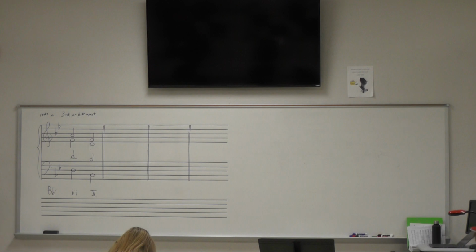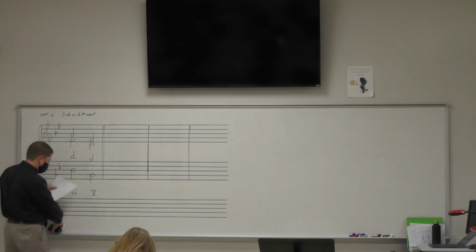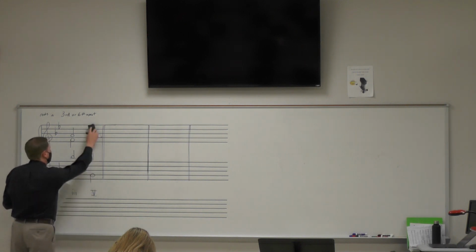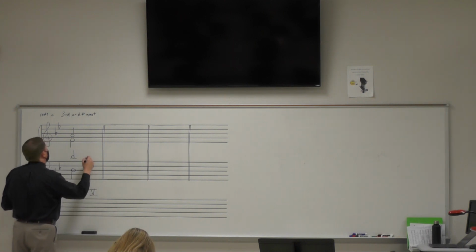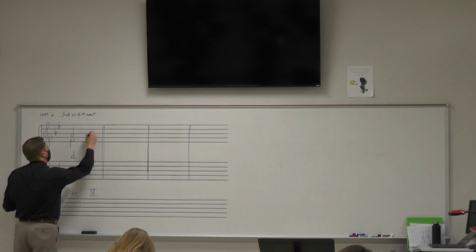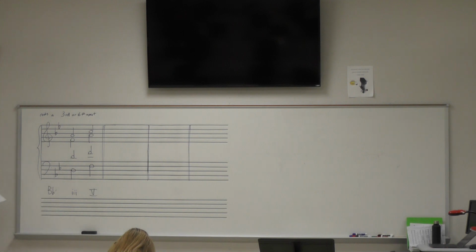Here I have two chords whose roots are a third apart in the key of B flat. Whoops, hang on a second, I have the wrong Roman numeral. That looks a little better.